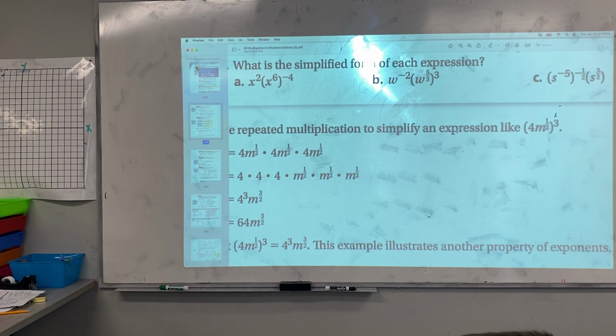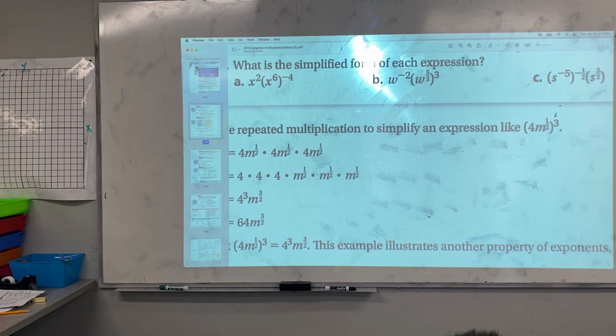You're right there, Jacob. That's good. So let's see how you got this. First reduce that. 15 over 3 is what? 5. And then you have w to the negative 2 times w to the fifth. What do you do with your exponents? Add them up. All right, that was 2 minutes.